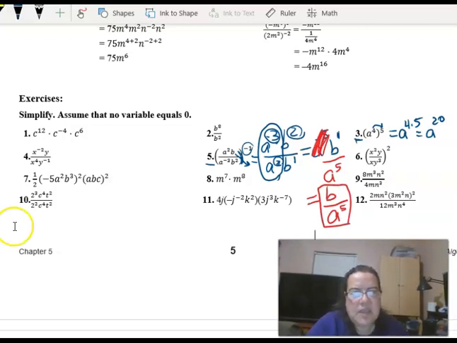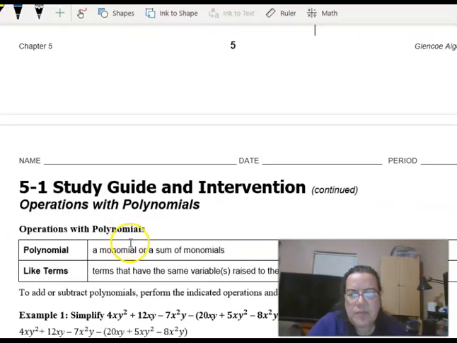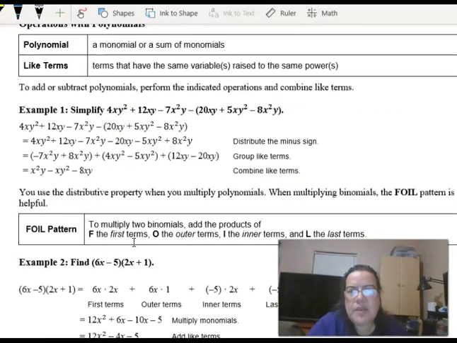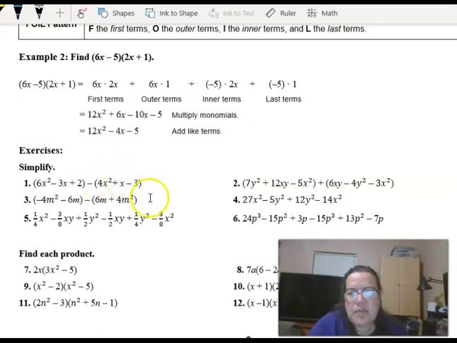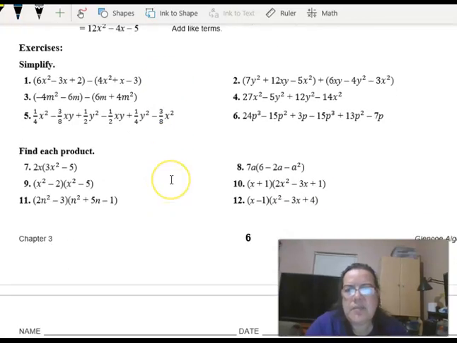So let's continue looking at some more problems. So here we go, still looking at the polynomials, and then we multiply. Remember we did the FOIL, F-O-I-L, the FOIL method to solve these. So we can do that if we see some, but let me go ahead and simplify one of these for you.